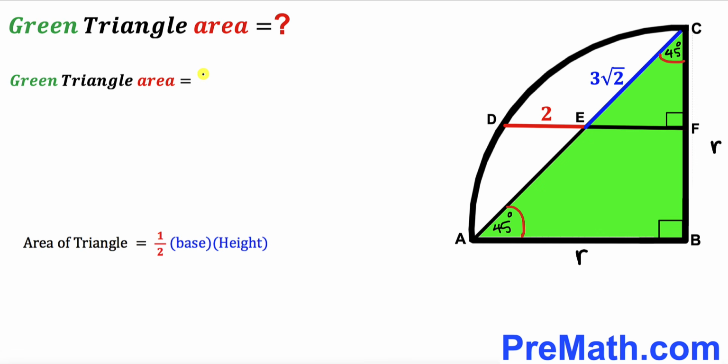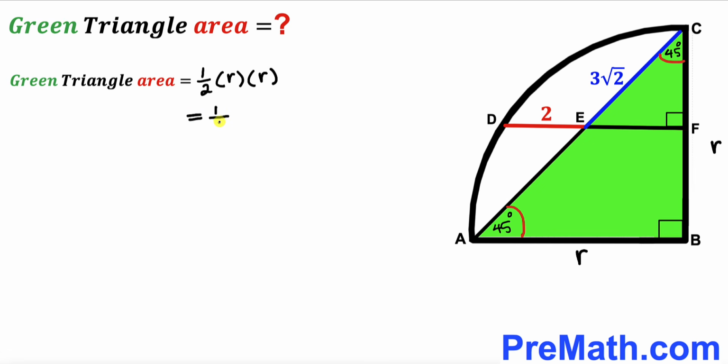So this green shaded triangle area is going to be a half times our radius r, likewise radius r once again. And now let's simplify. That is going to give us 1 divided by 2 times r square. So therefore the green shaded triangle area is going to be a half times r square. So now our task is to find the value of this radius r.